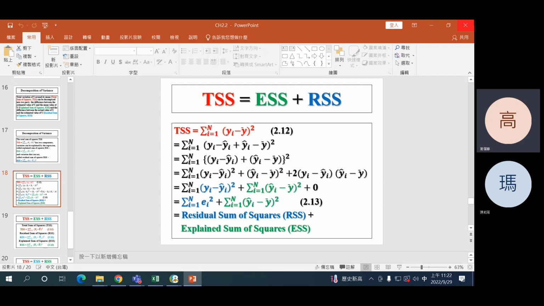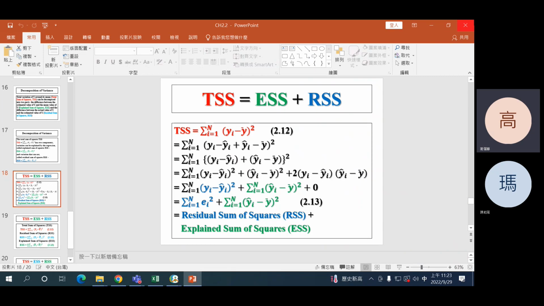How wonderful. Isn't this the beauty of the math, or the magic of the math? Since this tedious, really troublesome term turned out to be 0, we can neglect it.